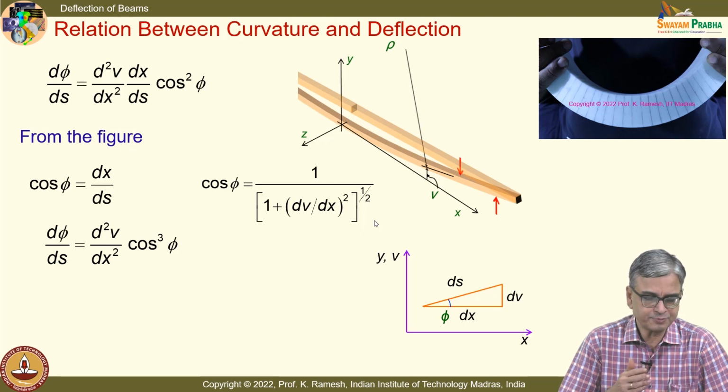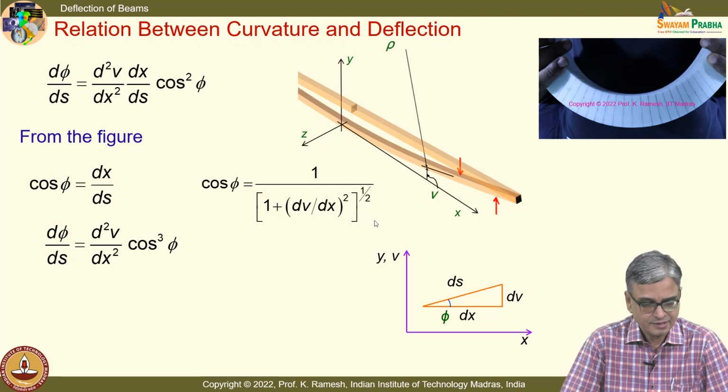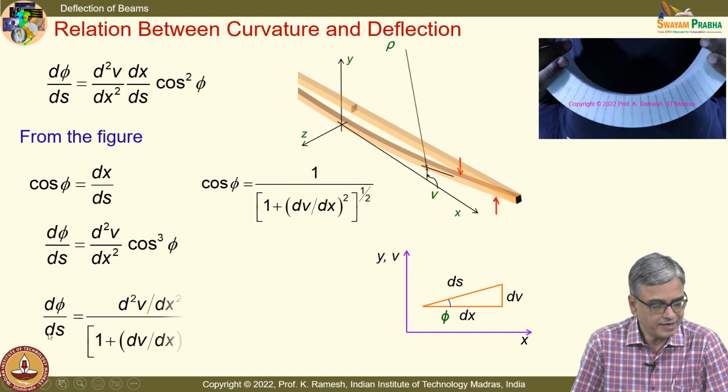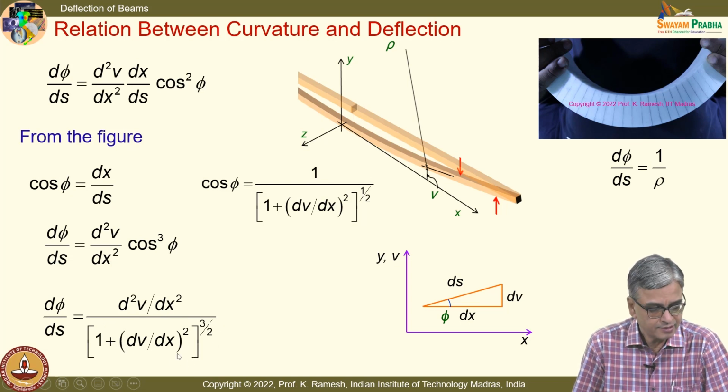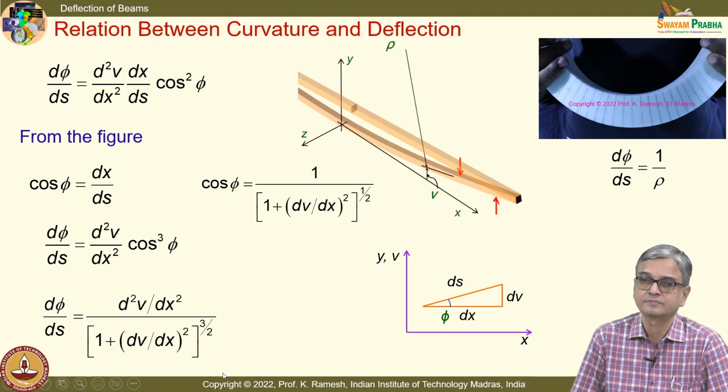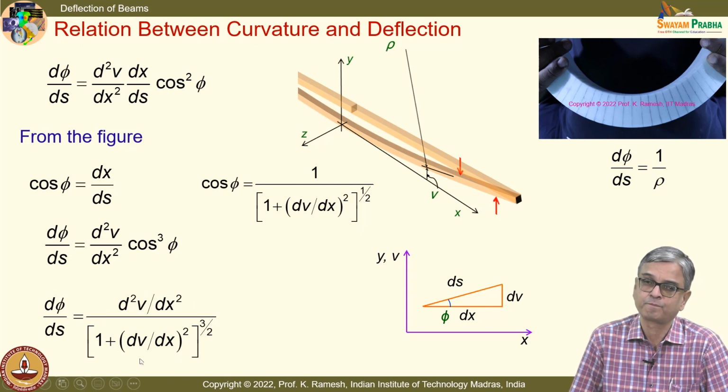And once I substitute this, I have an expression where d phi by ds is given as d squared v by dx squared, whole divided by 1 plus dv by dx whole square, whole power 3 by 2. And this expression is exact, but it is non-linear.